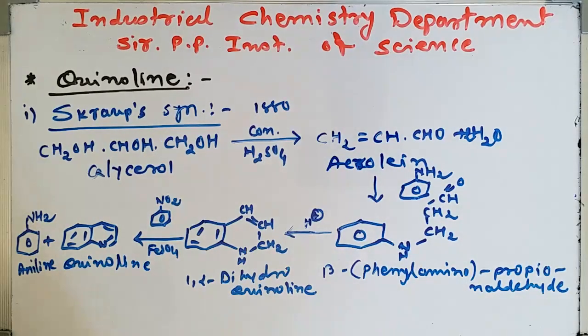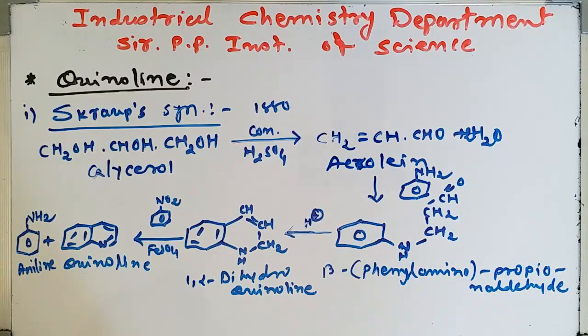The Skraup reaction is of wide application. The reaction can also be used for preparing benzopyrylium salts, which in the previous lecture we studied as coumarins, for which phenols are used in place of aniline.